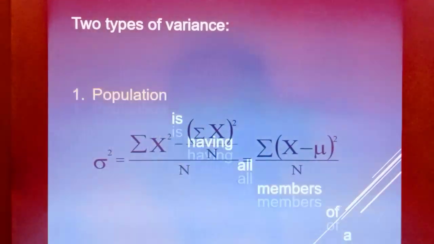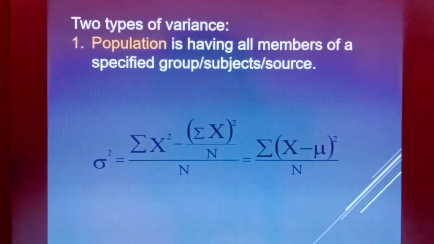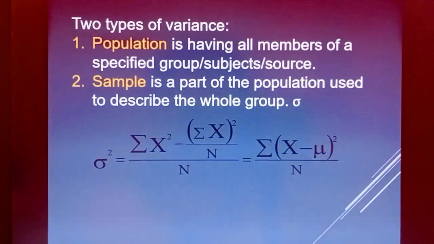So, there are two variances. One is population variance, which is where we have all the members of the specified group. We have the data of all the members of the specified group or subjects, and the sample variance is just a part.